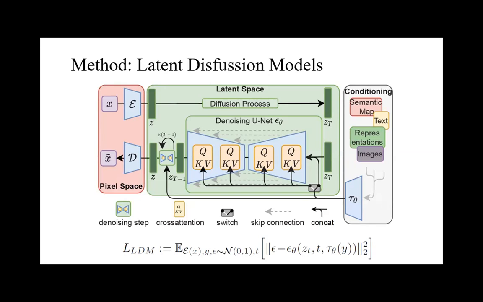Basically, this is telling us that we first inject the representation of the condition before they enter the UNet, and then I pass it through all the attention layers.